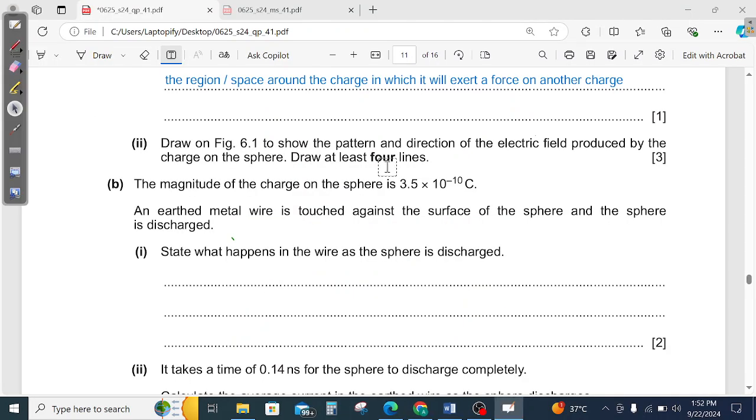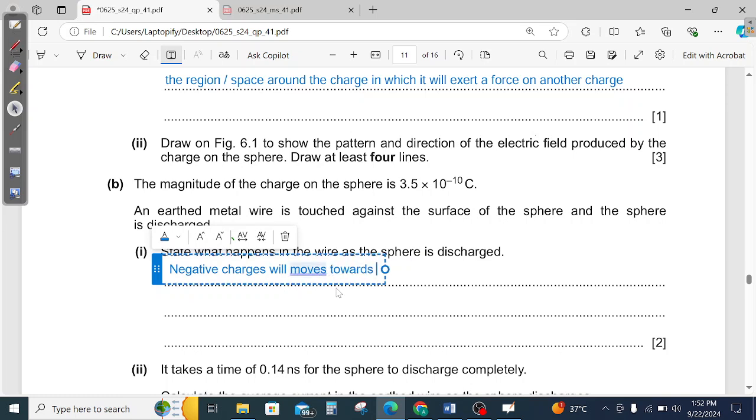So you have to write here: negative charge will move towards the earth with the help of the earth wire.